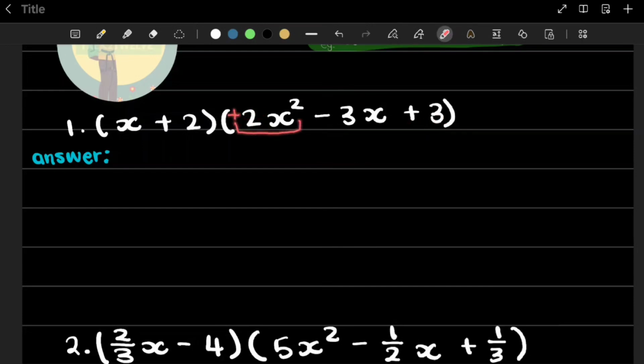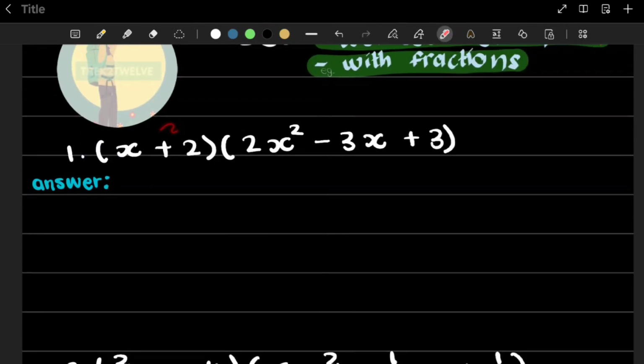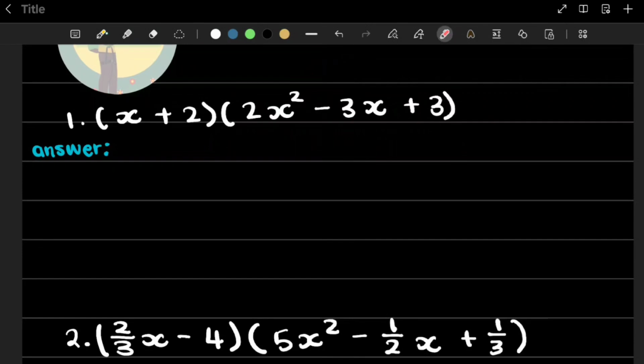There's a plus, this is the second term, and this is the third term. Over here, one term, second term. So altogether, we can say this is a binomial because there's 2 terms, and this is a trinomial because there's 3 terms. 1, 2, 3. Okay.